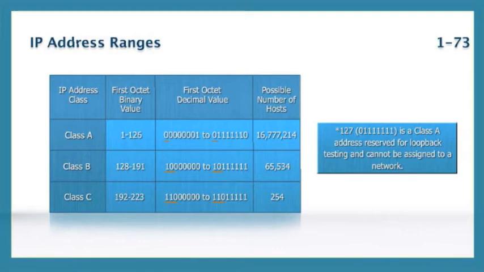Here's something I'd like to do right now. I do want to jump ahead for a second. Watch this. You see this Class C address? We say on this chart that on a Class C address, you can have 254 host addresses. Let's see how that's calculated.